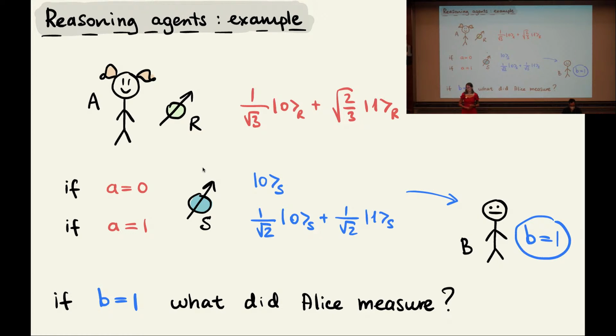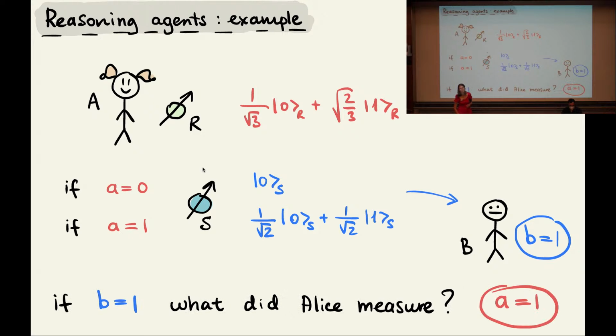And indeed, he can reason with certainty that Alice got outcome 1, because he thinks: if she had measured 0, then I would have measured 0 with certainty, because if Alice had measured 0, she would have prepared the system S in state 0.